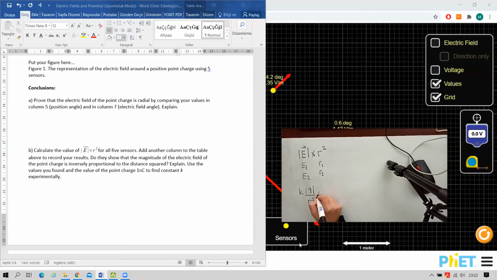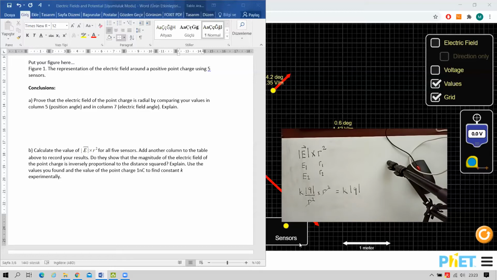If you multiply this by R squared, you will see that this product is nothing but K times Q. But K times Q is the same for all sensors because the source charge Q, which is 1 nanocoulomb, is the same. You will check this. You will verify in the report. I ask you to verify this product for each sensor and comment on what you find.